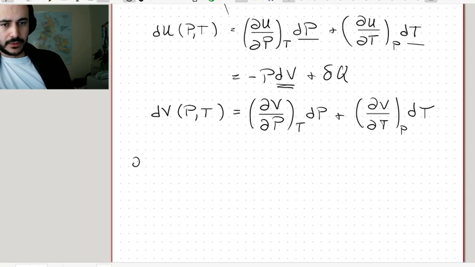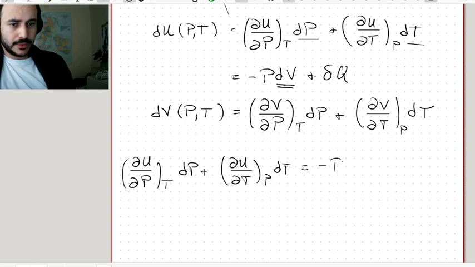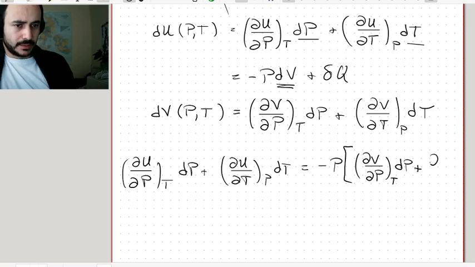We have on the left hand side the partial derivative of U with respect to P at constant T. I'm just copying from this line, right? So let me just copy that. Plus the partial derivative of U with respect to T at constant P, differential of T, and this is going to be equal to minus P, and this multiplies the partial derivative of V with respect to P at constant temperature, differential of P, now I'm copying from this line, plus the partial derivative of V with respect to T at constant P, dT.